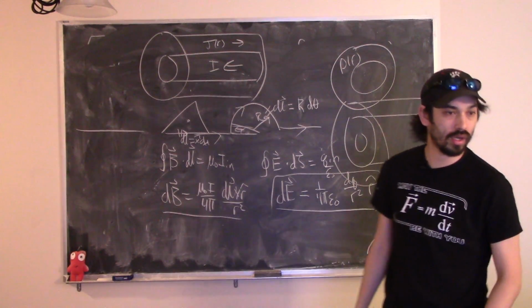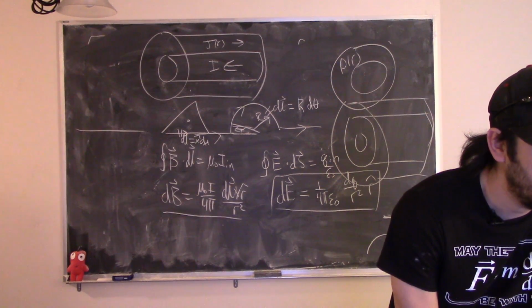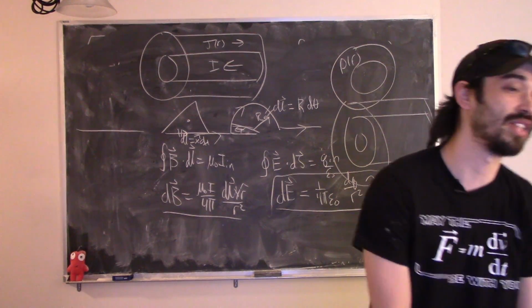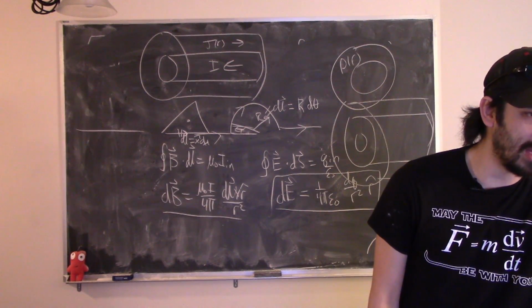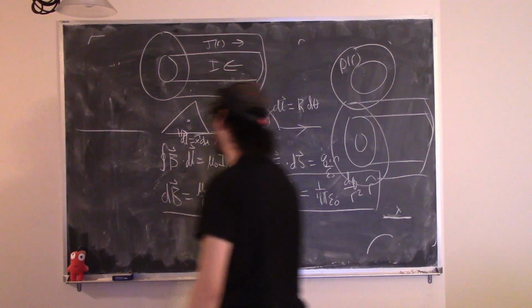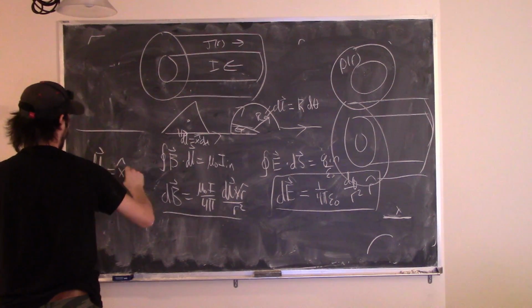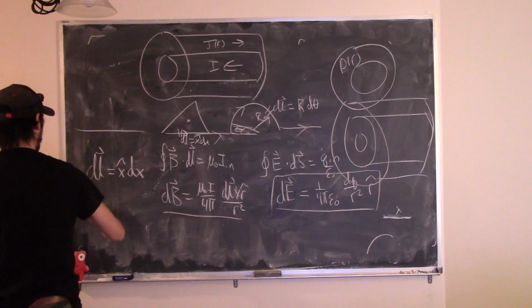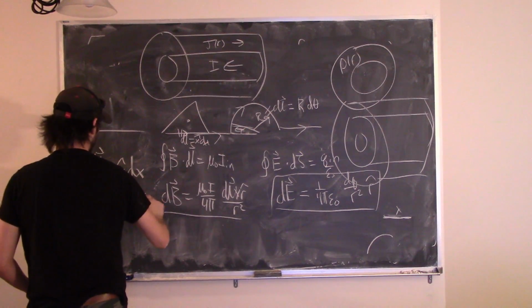So in the arc, dl x r hat would simplify down to r d theta, exactly. But it's also, it's not dl x r hat. It's dl vector is equal to x hat dx, or dl vector is equal to r d theta theta hat.